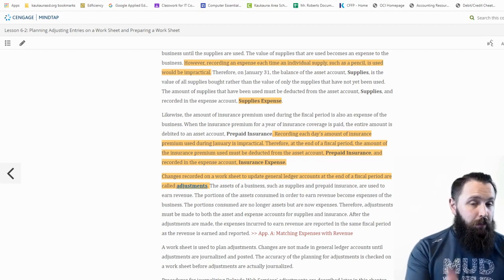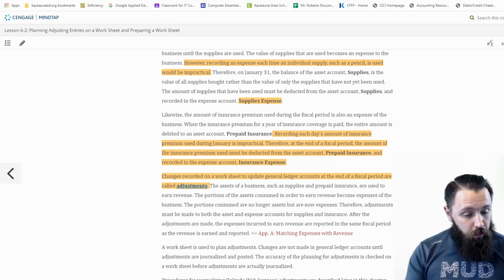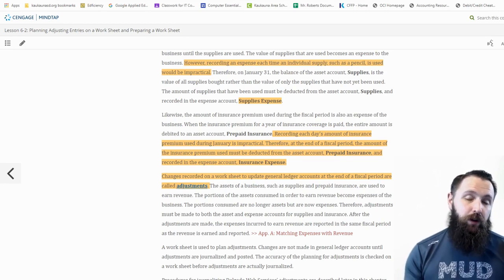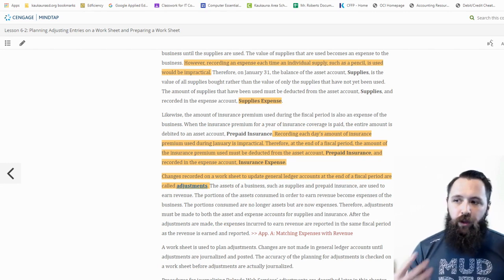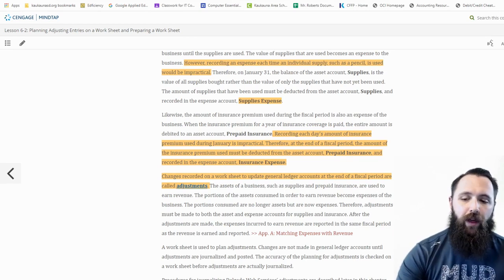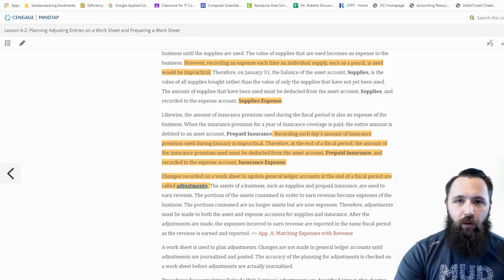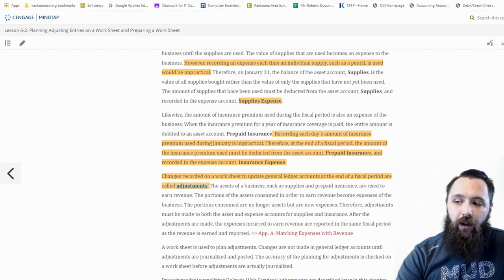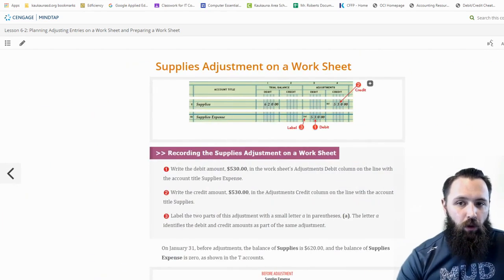Now, why? Because we used supplies this month, and we haven't recorded anything, so we need to make an adjustment to that account. Prepaid insurance, did we use insurance for the month? Yes. Have we recorded that we used that insurance yet? No. So now we need to make an adjustment to that insurance. Why do we have to do that? Well, because we use those two things to earn revenue in this fiscal period, so we need to record them down.